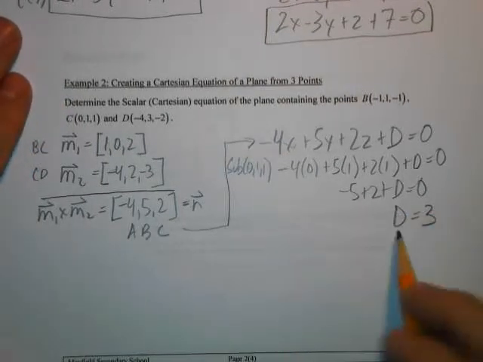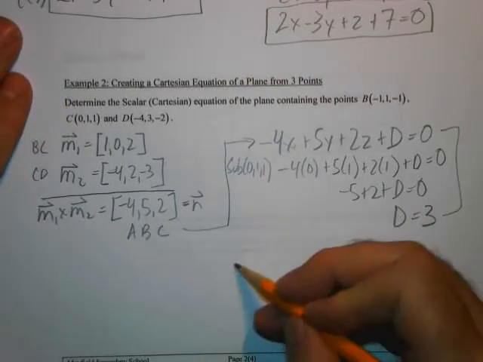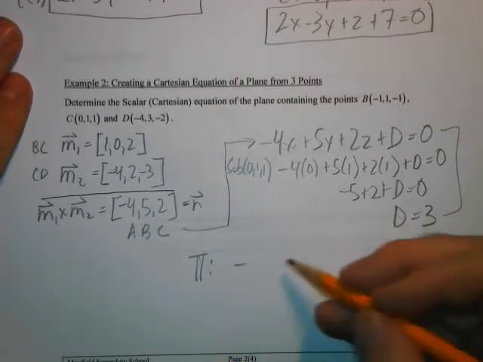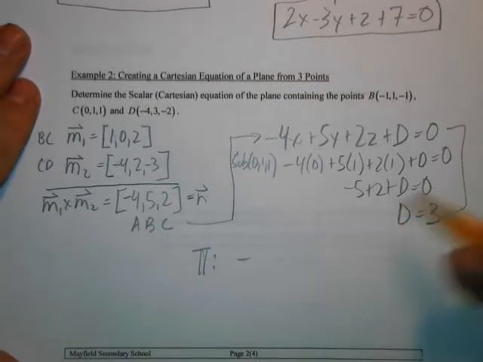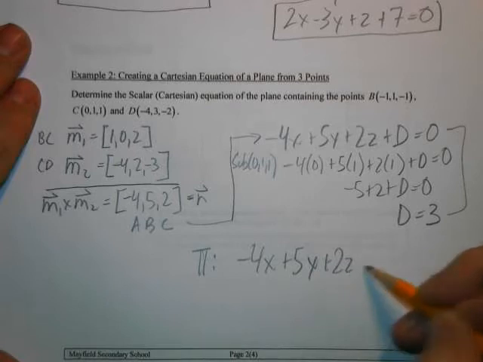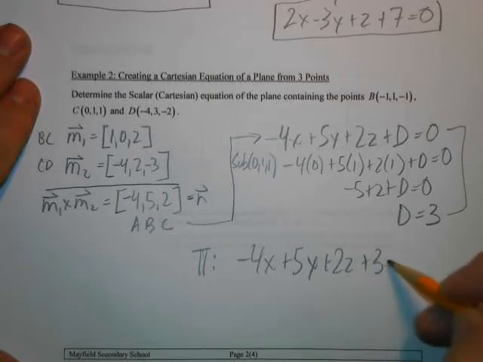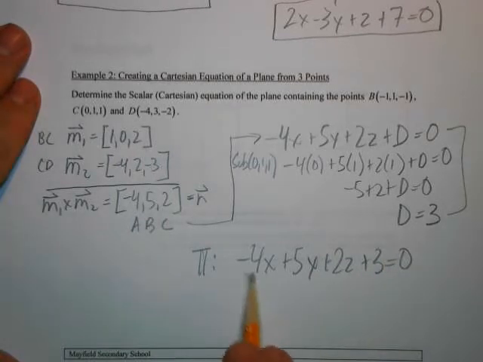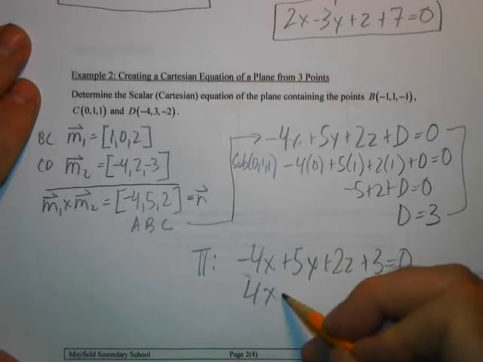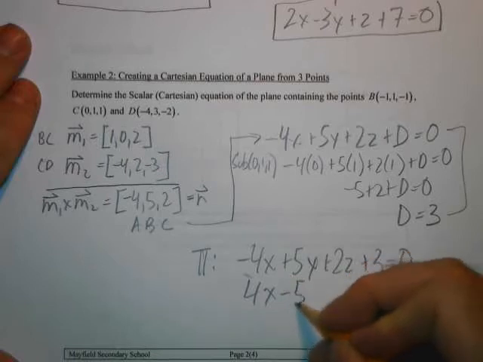Okay, and so now I've got my value of d. So my plane, I guess I could go back to using pi again. My plane's Cartesian equation, -4x plus 5y plus 2z plus 3 equals 0. But I've got the same problem with the negative sign there, so I'm going to fix that by flipping all the signs, which is essentially multiplying by -1.